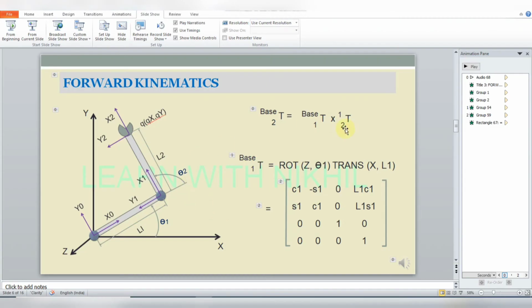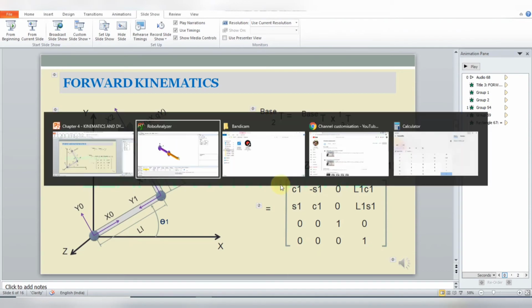Now to find or to visualize the matrix, we have to find out the transformation of 1 with respect to base. For the transformation of 1 with respect to base, we have found that the rotation is about z at an angle of theta 1, and the translation along x is the length L1.